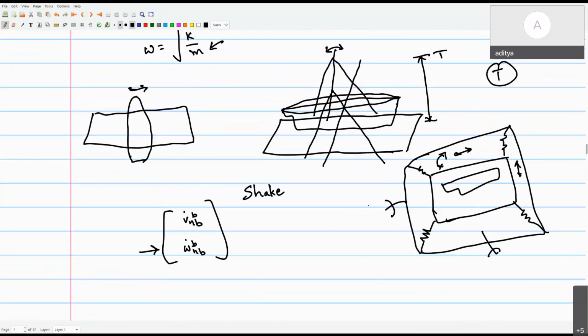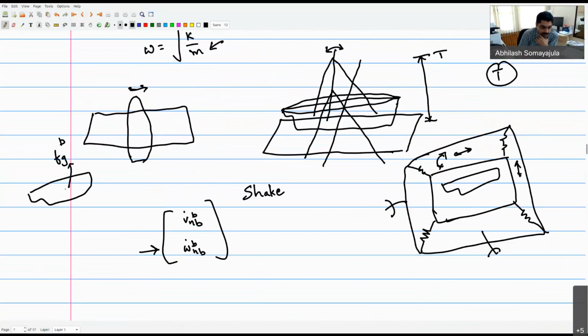Because if I am considering a ship, let's say, and I know the external force acting on it to be F_GB, about the center of gravity, even if I consider a transformation to CO, the force will still be the same. These both will have to be the same.